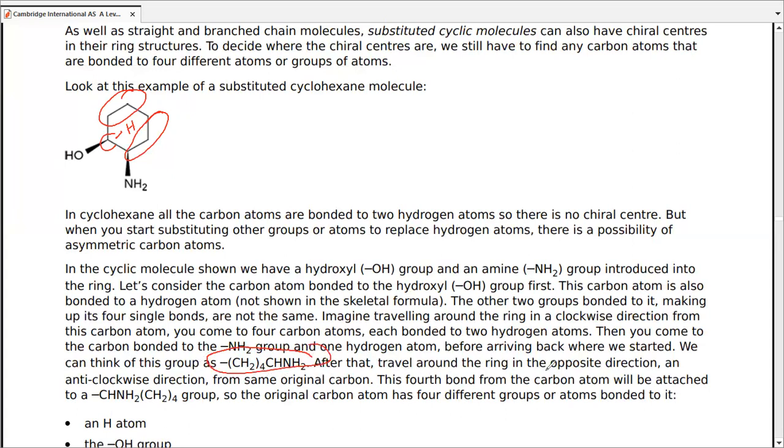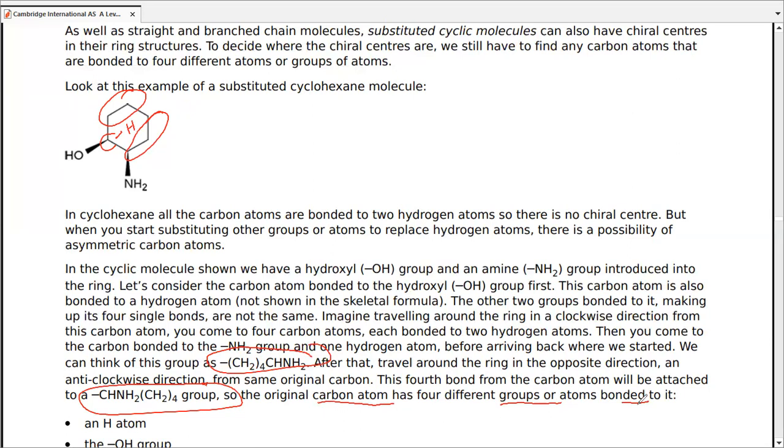After that, travel around the ring in the opposite direction, anti-clockwise from the same original carbon atom, and this fourth bond from the carbon atom will be attached to this group. So it's a little bit different. The original carbon atom has four different groups bonded to it.